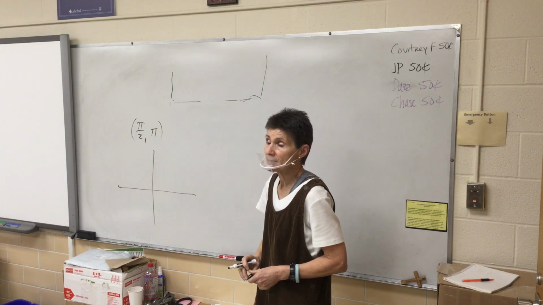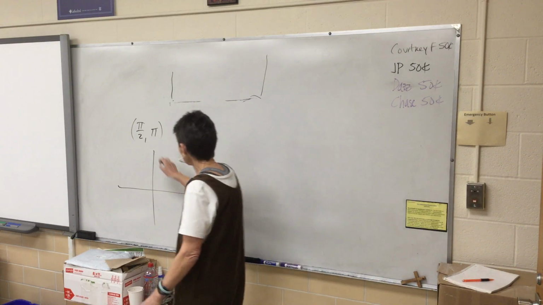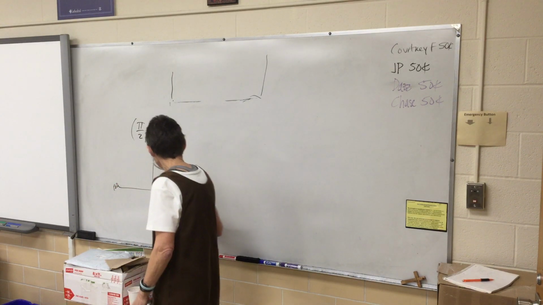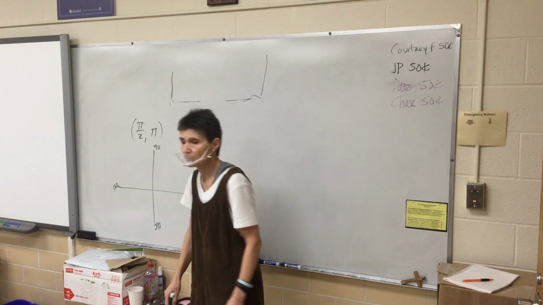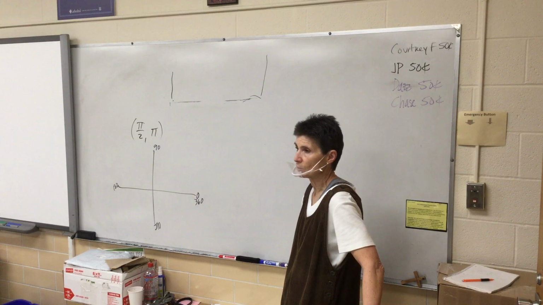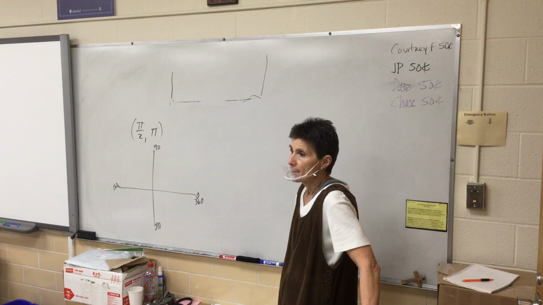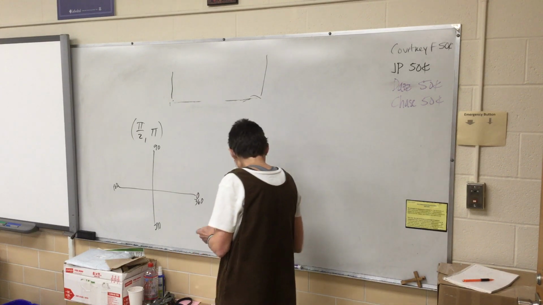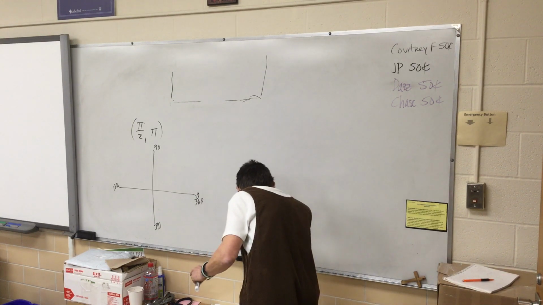Remember, in standard position, angles are measured like this. That's standard position. They start at the positive x-axis and they go counterclockwise. What would those labels be in radians? Instead of degrees, I've used degrees there.